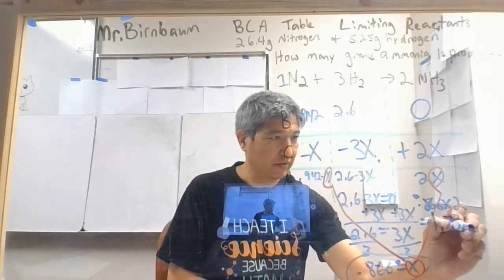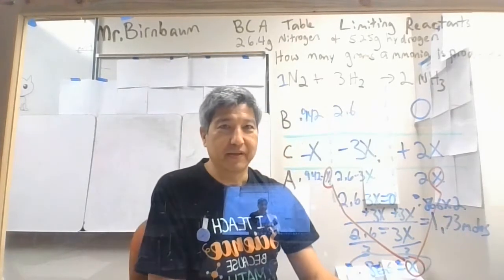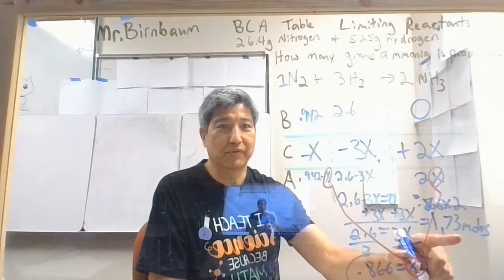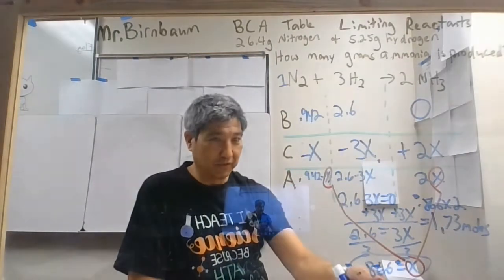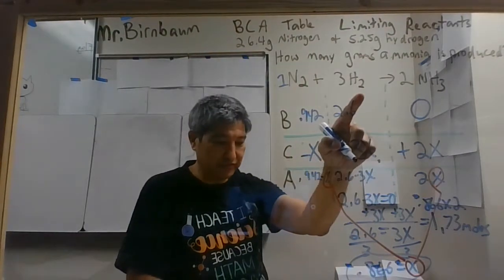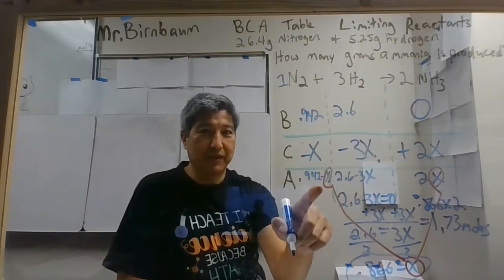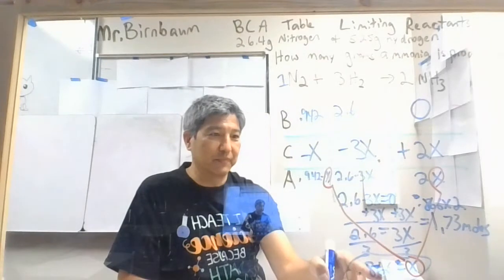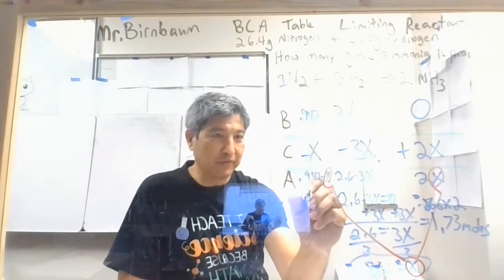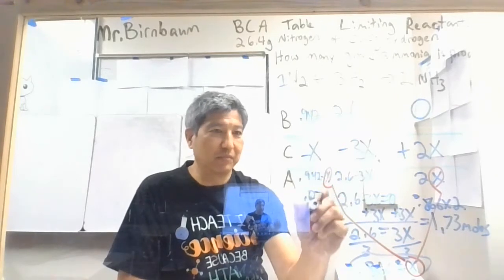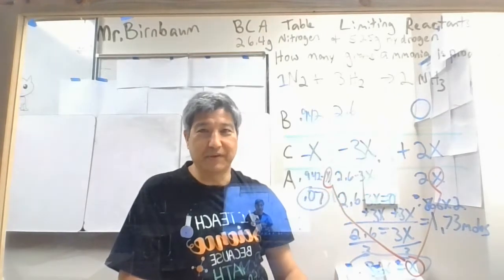1.73 moles. So I'll have 1.73 moles of NH3. And I've got 0.866 moles of H2. And then if I multiply the 0.942 by 0.866, that's going to give me 0.07 moles right there.